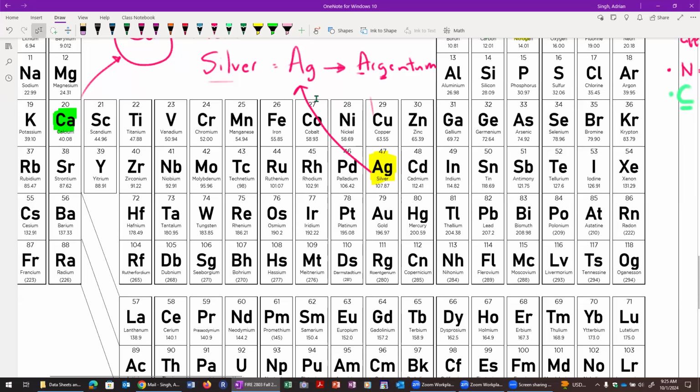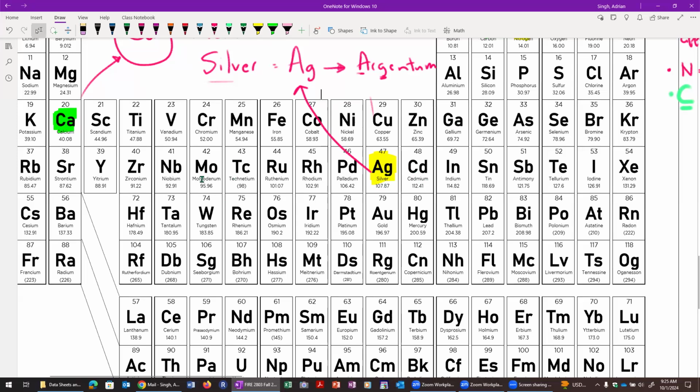So some of the symbols for the elements don't match up necessarily with the name that we know, and that's because it came from a different language. In this case, it's Latin. And a lot of them are like that.